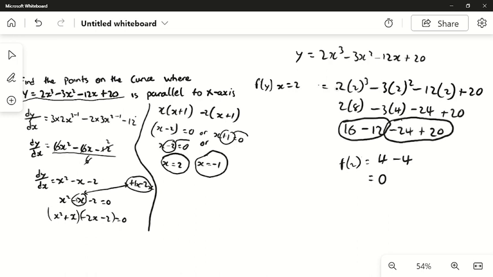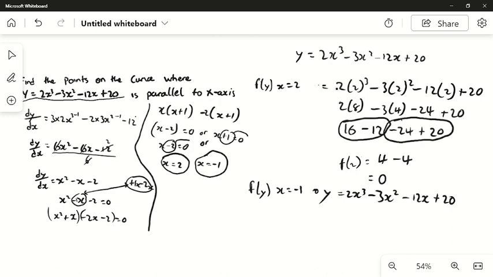So let's take the function of y where x is equal to minus 1. We said y is equal to 2x cubed minus 3x squared minus 12x plus 20.